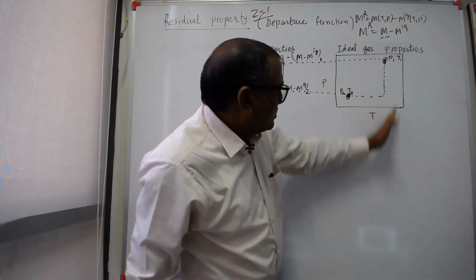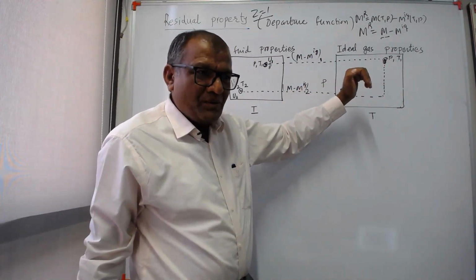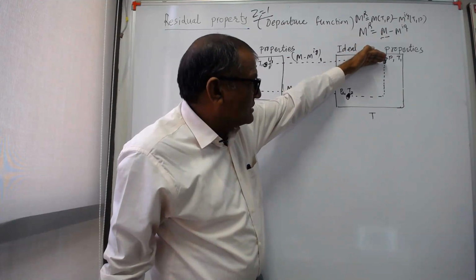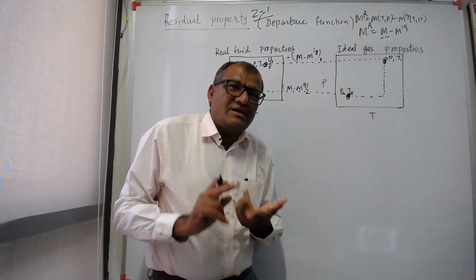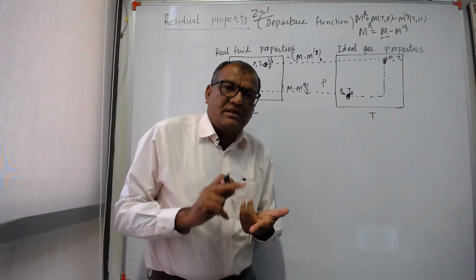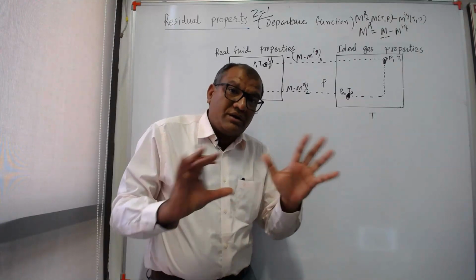Suppose isothermal, then isobaric. This is the one way. So from this pressure, temperature to this, we have the equations for isobaric, then adiabatic, then isothermal, isochoric, means the property equations for an ideal gas.